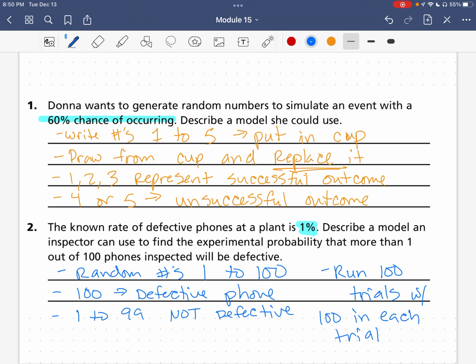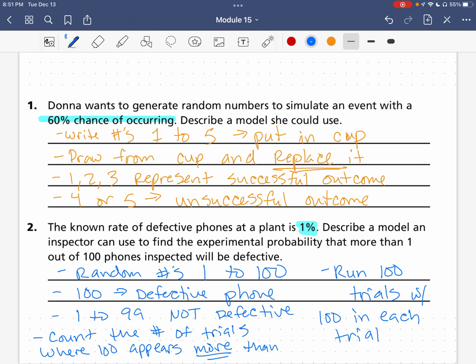Okay, and then what we'll end up doing is count the number of trials where that 100 appears more than once.